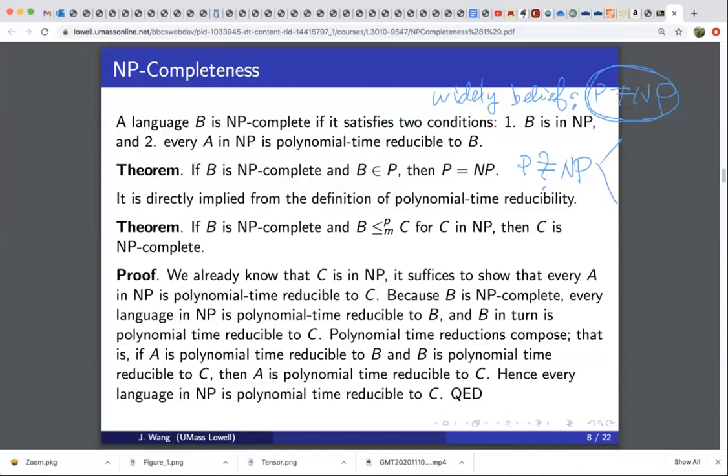And then the next theorem says that if B is NP-complete and B is polynomial time reducible to C, and C is in NP, then C is NP-complete.